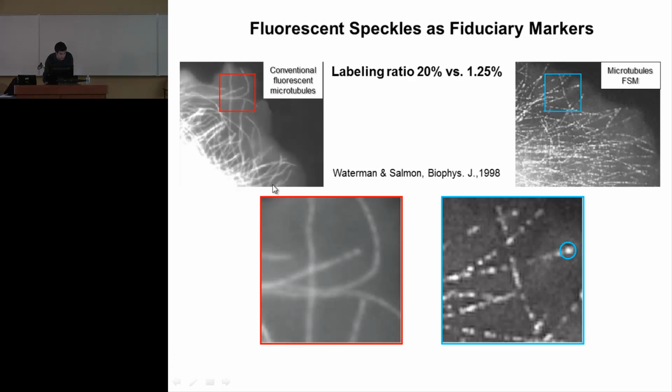In the traditional movies that I just showed you, about 20% or more of the dimers of the polymer are labeled, and in fluorescent speckle microscopy, we have about 1%. This gives us a fiduciary marker of polymer translocation or of polymerization. You see the difference between this and these images.